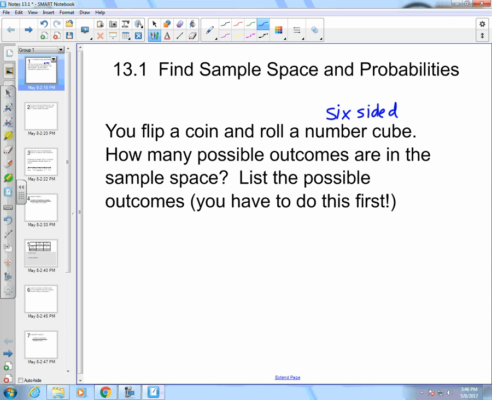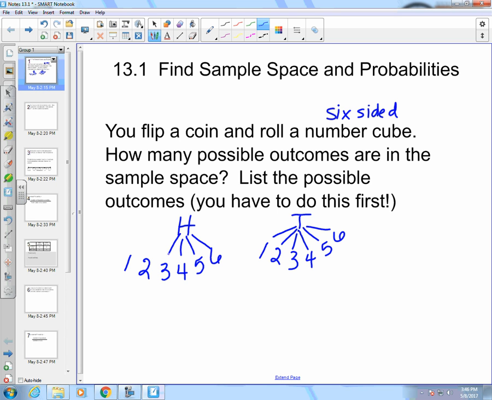So we are going to start out with either heads or tails on our coin, and we will have six different outcomes for our number cube. All six of those can happen either with the heads or with the tails.